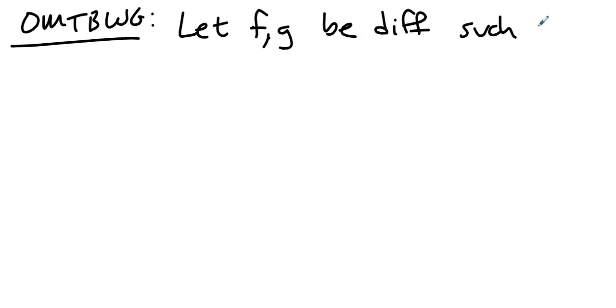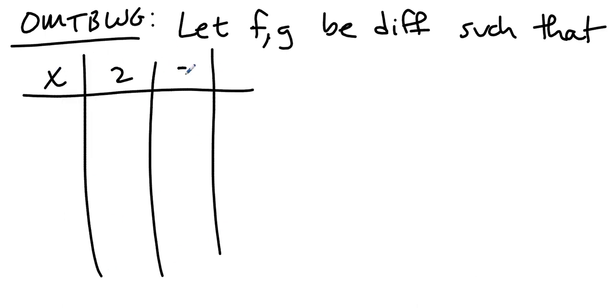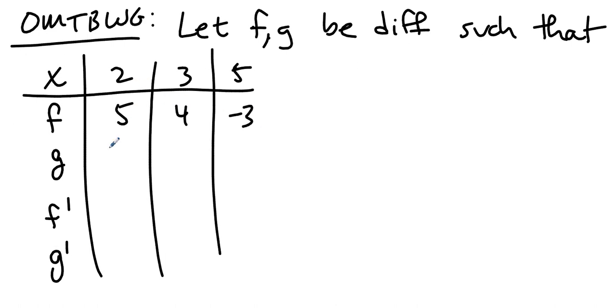We're going to let f and g be differentiable such that, and we're going to have this table, and there are 3 different x values, and I'm going to give you information about f and g and f prime and g prime, and I'm going to put a whole bunch of numbers up here, and most of them you won't need, and boy is that going to frustrate you.